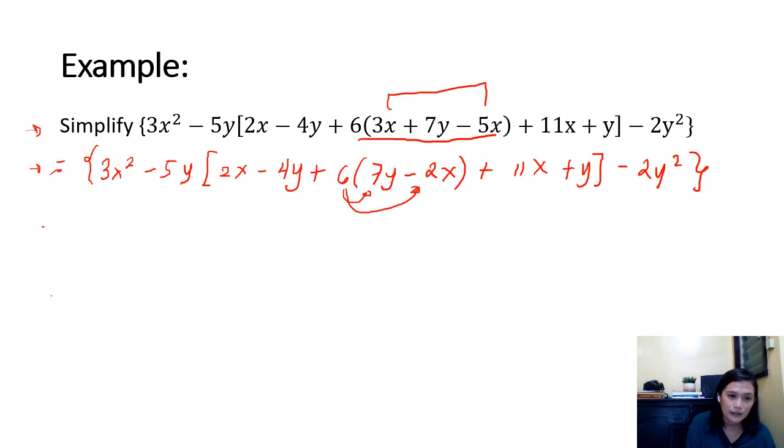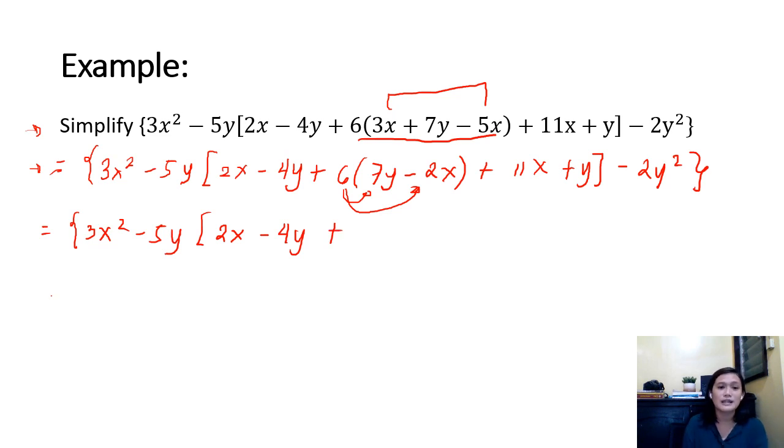So we will have now parenthesis 3x squared minus 5y, then square bracket 2x minus 4y, plus 6 times 7, we will get 42y, right? Then minus, just simply copy the operation. So you will have minus 12x plus 11x plus y, then the quantity minus 2y squared, right?